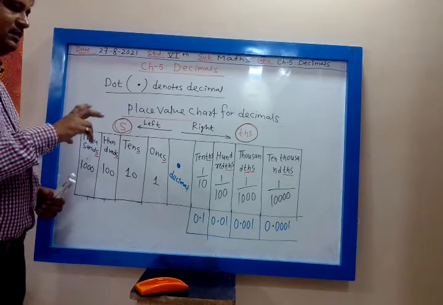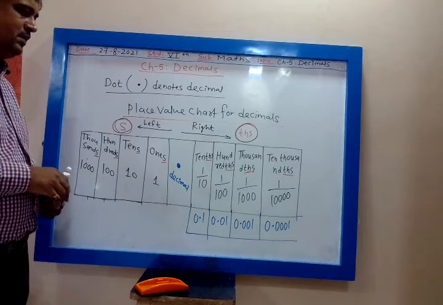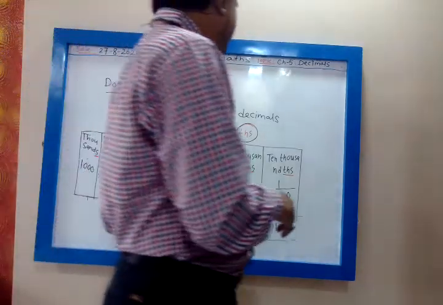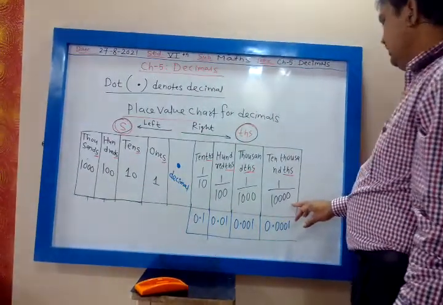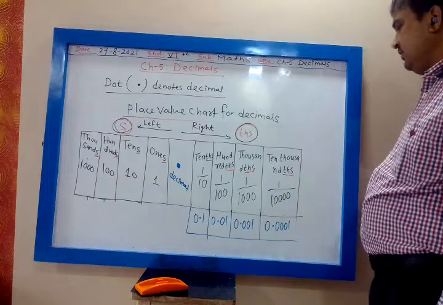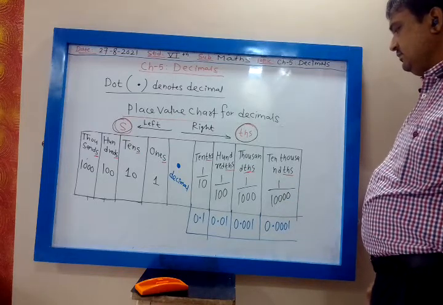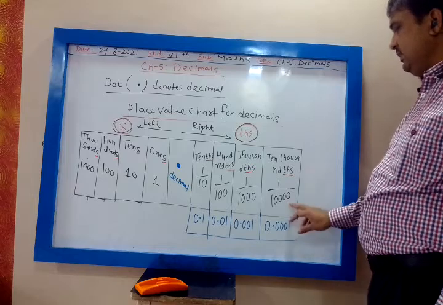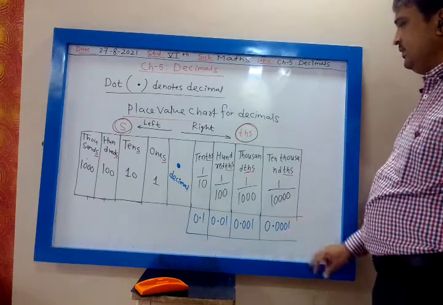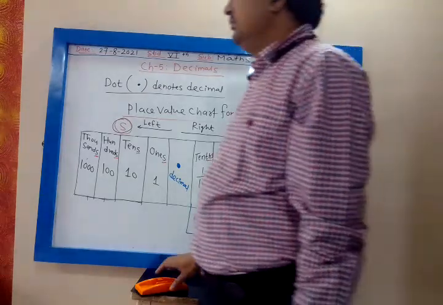You have to write the last. There are 3 zeros, my dear. Decimal will come after 4 digits. Okay.